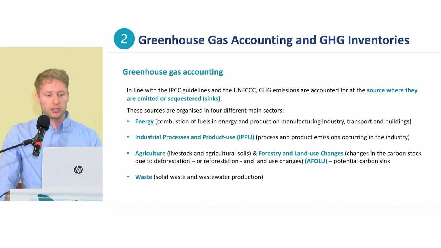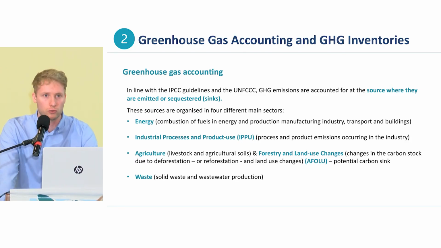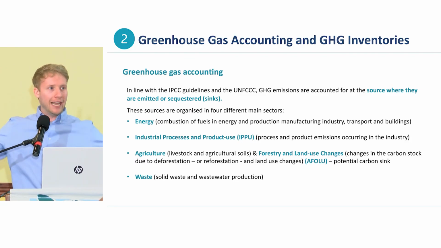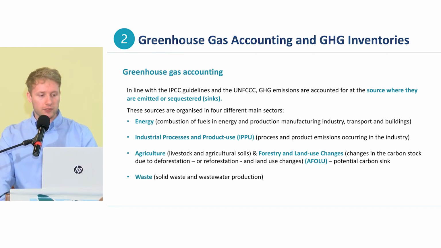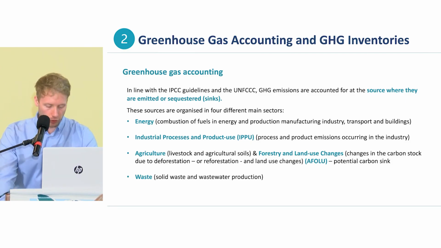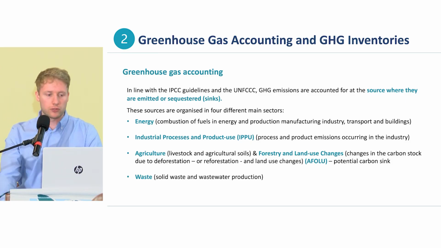However, there are specific emissions in the cement production process, in the ammonia production process, and so forth, which fall under IPPU, industrial process and product use. So if you have a big plant that produces a certain industrial good, it likely has emissions that are accounted for in both of these sectors, but it's important to link it to the relevant processes.